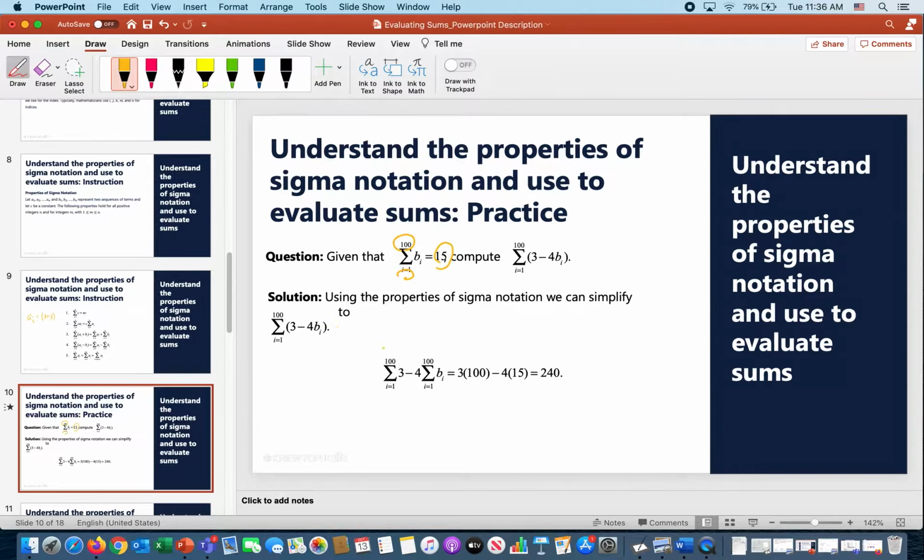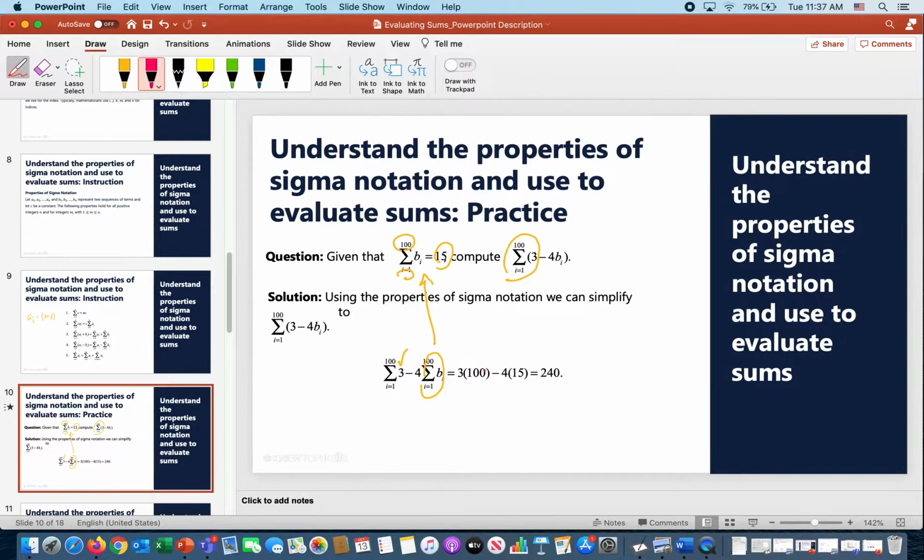So we're going to take this and break it up using those properties. So I'm going to have the sum from 1 to 100 of 3, that's a constant, right? Minus 4 times the sum from 1 to 100 of b sub I. Now we've already said that this is equal to 15, right? We made that notation up here.